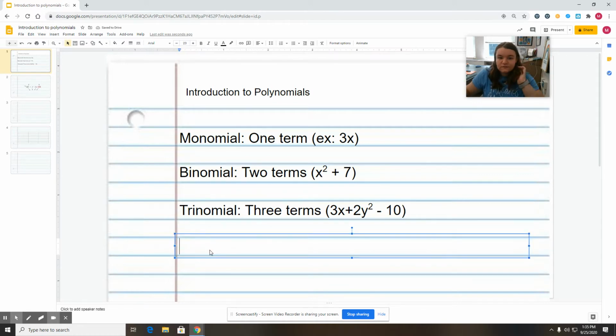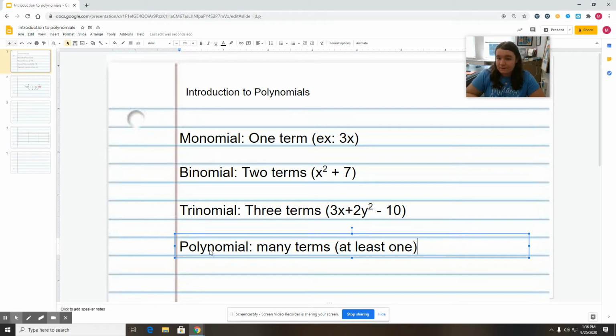Then that brings us to what the rest of this unit is on, and that is polynomial. Prefix poly, like polygon, has multiple sides. Polynomial is many terms. It has to have at least one. So a monomial is technically a polynomial.